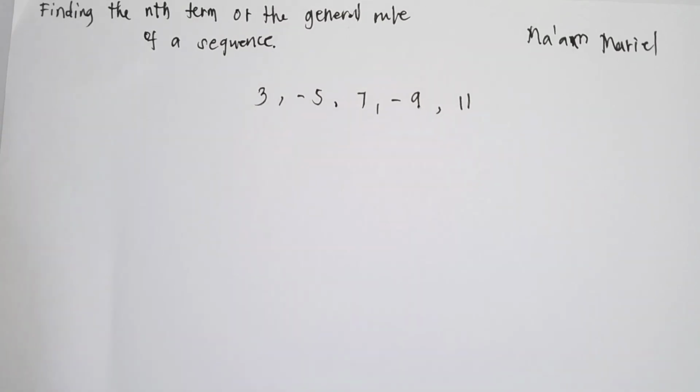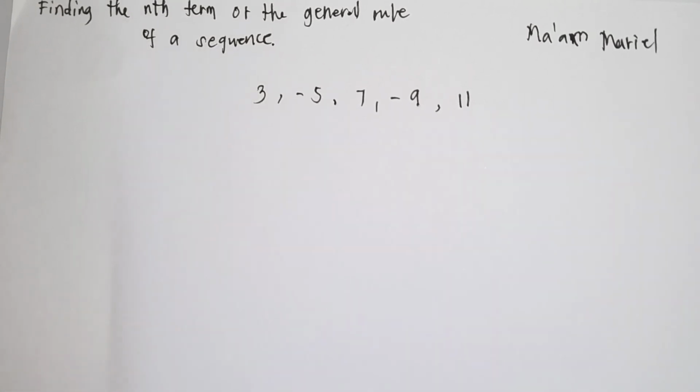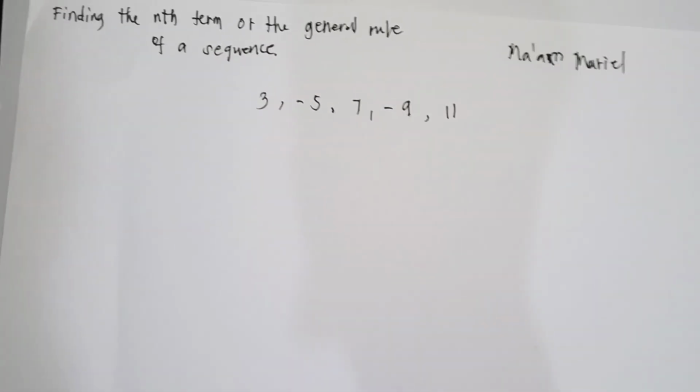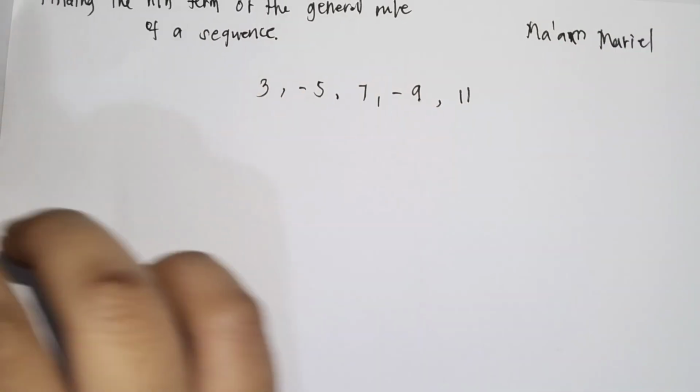Pero dito, just a tip lang that whenever you find out na alternating yung inyong given terms or given sequence, alternating yung sign, palagi nyong i-consider yung exponent. Okay? Ganito siya palagi.